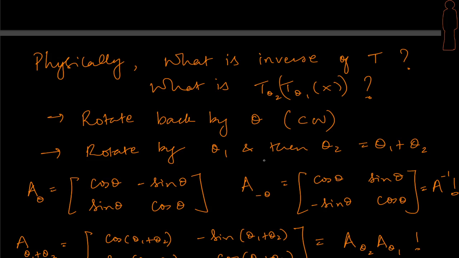Okay. And what have we got? We said that any matrix for theta is going to be represented like this. And if you want to rotate this in a clockwise direction, it is nothing but A of minus theta. So let's substitute minus theta in this matrix and see what we get. Cos of minus theta is cos theta, sin of minus theta is minus sin theta. So look at this, we are going to get this matrix. And where did we just find this?